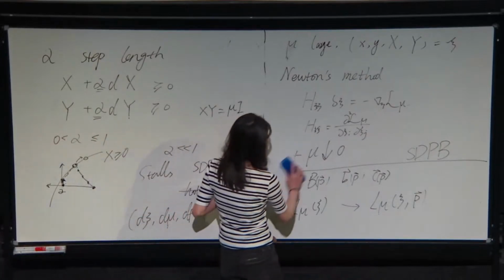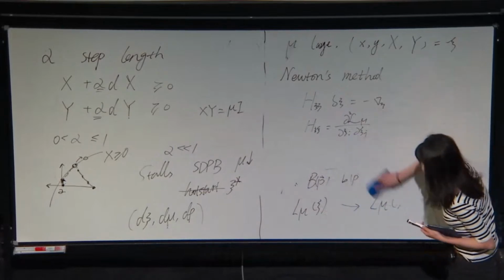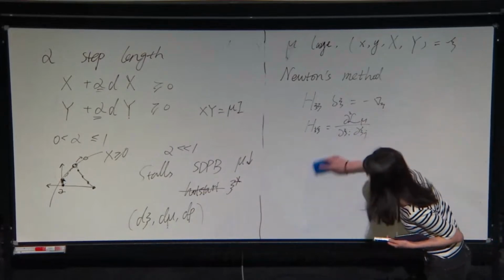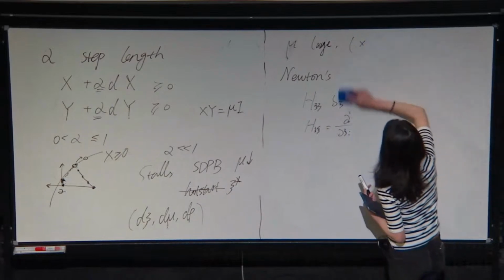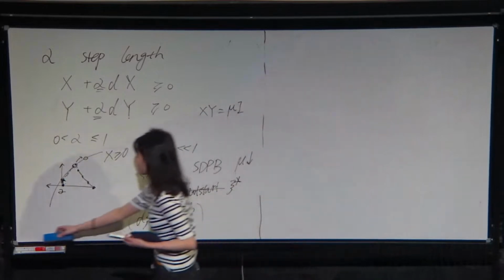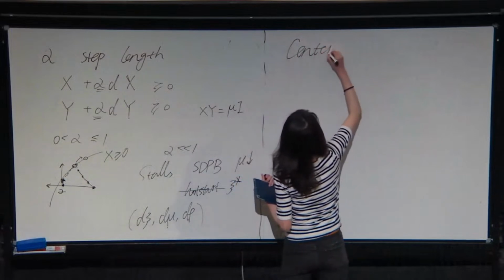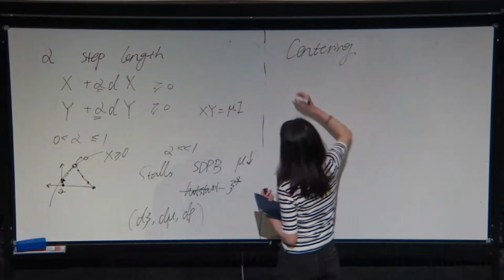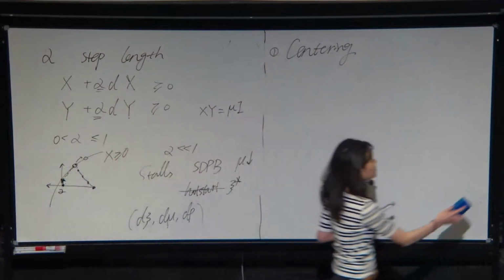Now, let me finally start with the algorithm. There are two most important subroutines in our algorithm that deal with those issues I mentioned. One is called centering. The second one is called scanning.